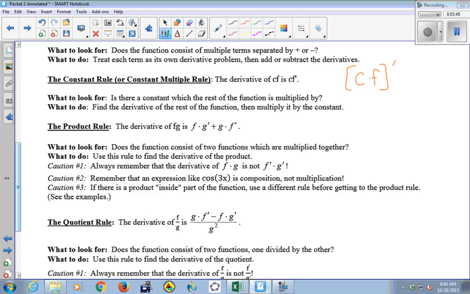So you can take a little shortcut and say that's the same thing as c times f prime. However, when you're multiplying 2 functions together, if the first or the second is not just a constant, then you've got to use the product rule. Do that when 2 functions are being multiplied together.